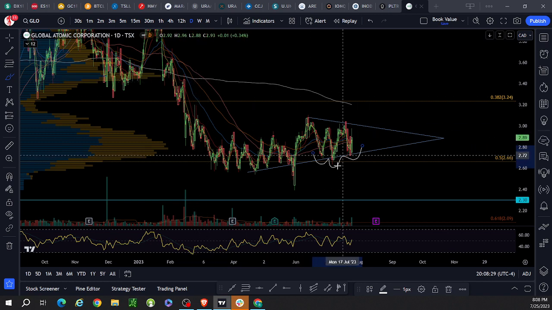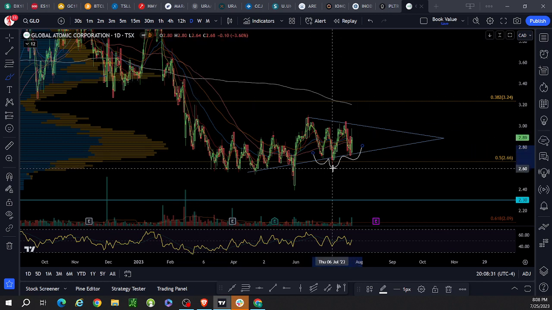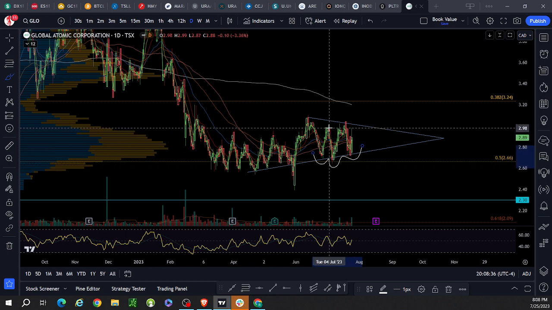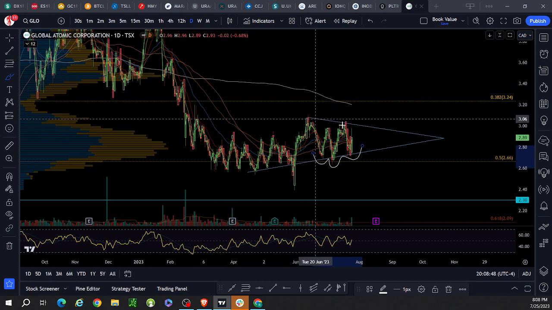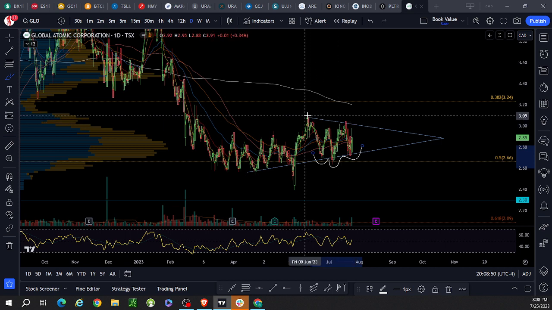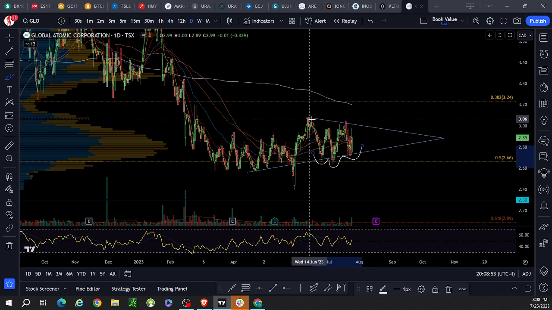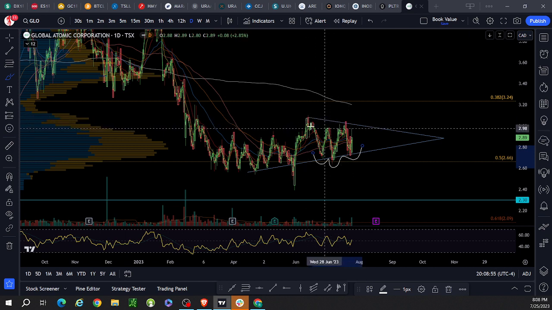So, let me just make sure my math is correct. 2.64, 2.99. So, yeah. For all intents and purposes, 40 cents from the $3 neckline can get you to 3.40. Some are going to argue that the neckline could be inverted, a little bit of an angled neckline here, or you want to use the top. I'm just kind of using the average of this section here and where this kind of topped out.